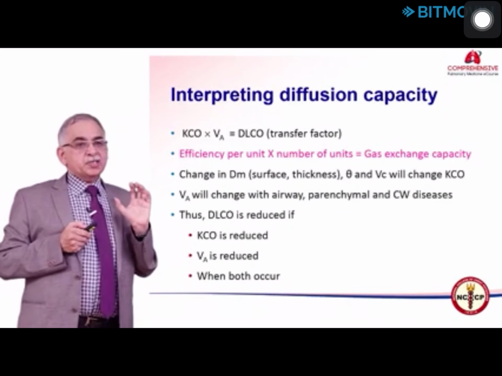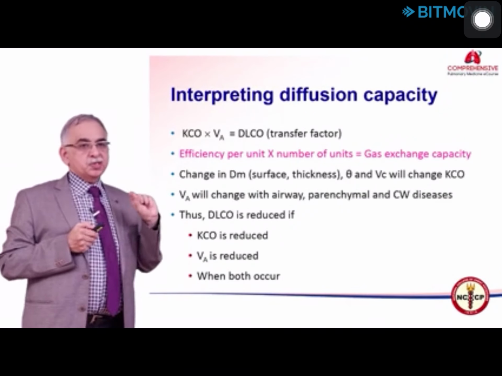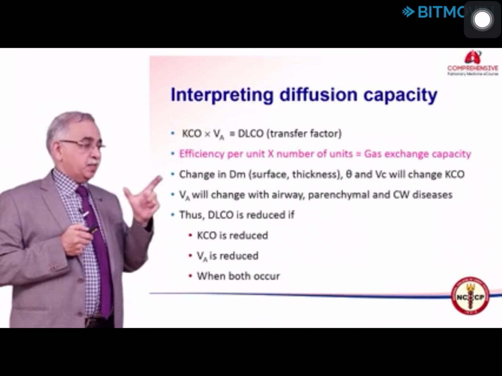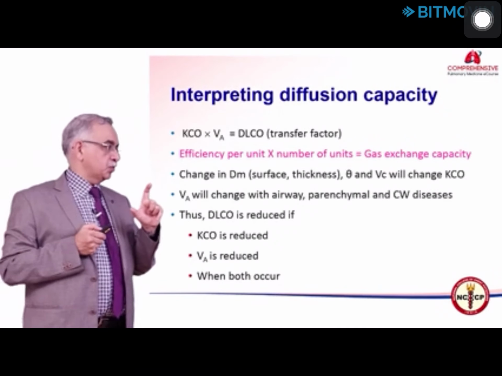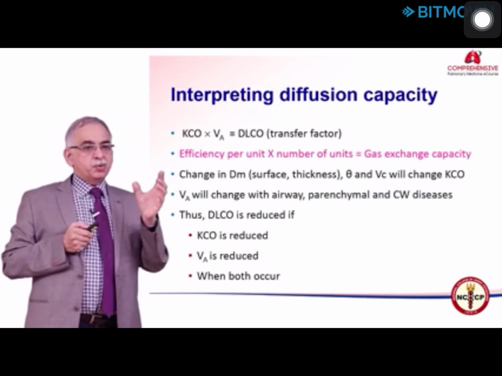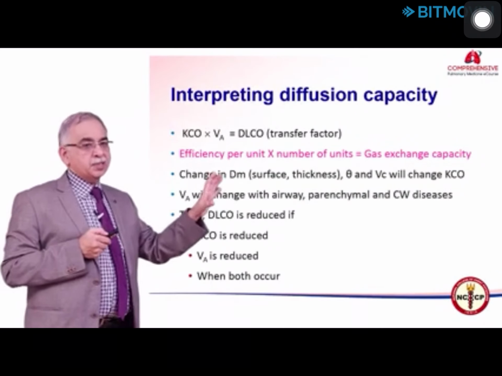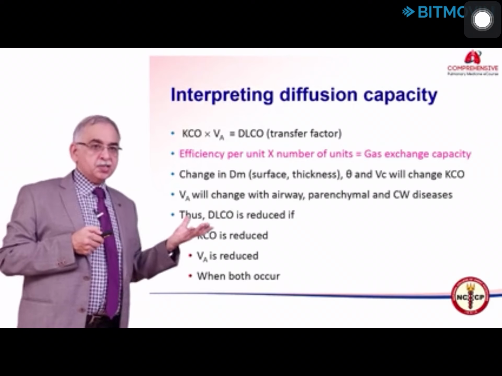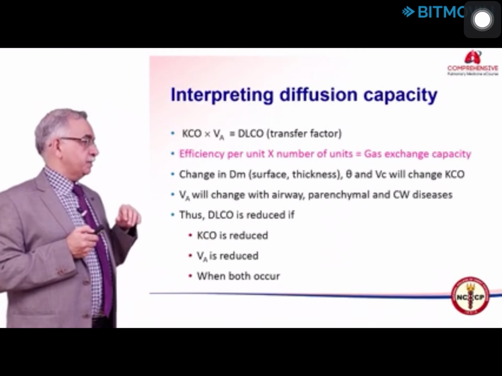So, diffusion capacity can be reduced if KCO is reduced, which means the gas exchange in the single unit of lung is reduced, or the volume available is reduced, or when both are occurring. So, this will help in understanding the conditions in which diffusion capacity changes.